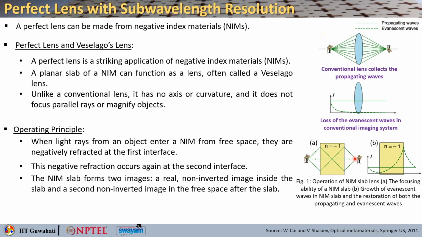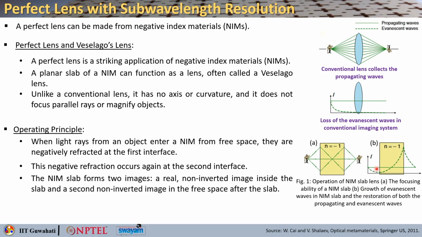So, what is happening in this kind of slab? It is forming two images, right. Here you are getting a real non-inverted image inside the slab, and you get a second non-inverted image in the free space after the slab. This is how the negative index material works for you.